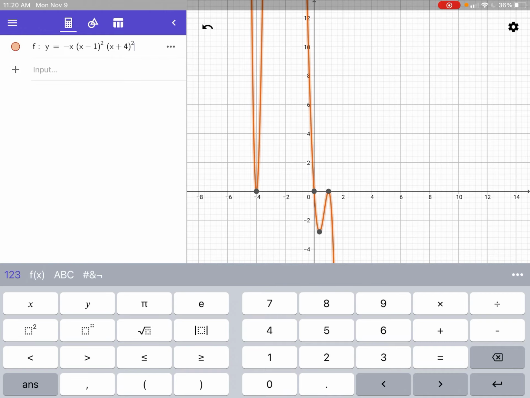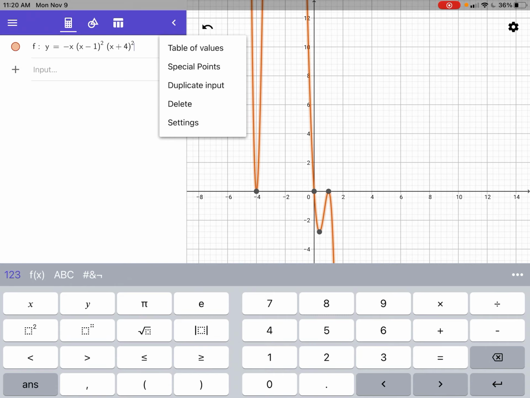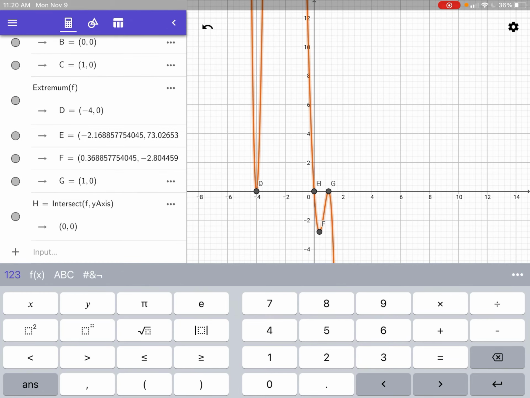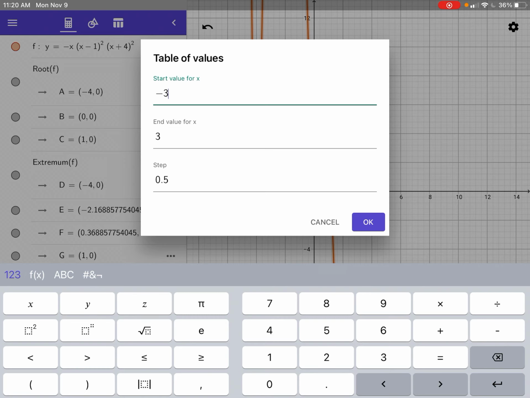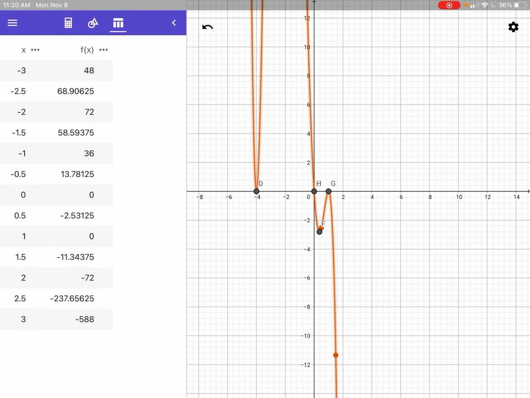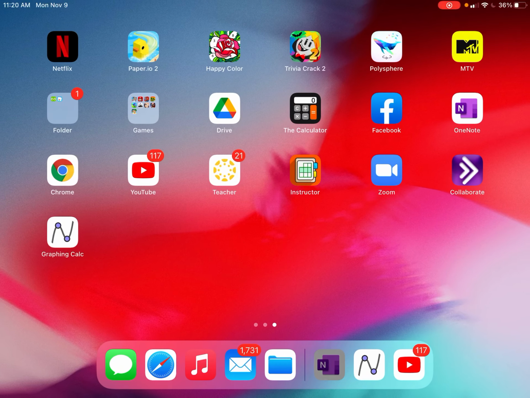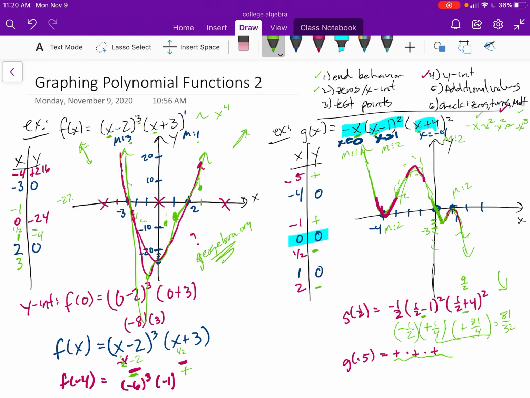I just didn't like the way it looked. Remember that from the last one, you could also do these special points here. You could do the table and get some of the intermediate values. Okay, it depends how accurate you want to be.